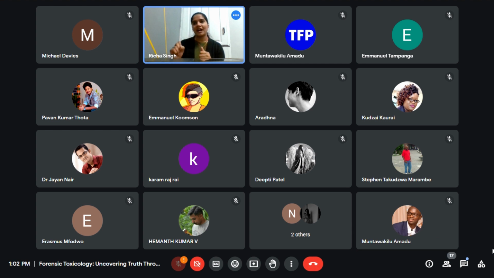Any details how this case was detected by the forensic department? So what I found out was, it was basically the hospital people who collected the blood and sent it to the lab for analysis, where they found out that thallium was present in the blood, and also in the urine sample, with the help of different instrumentation.